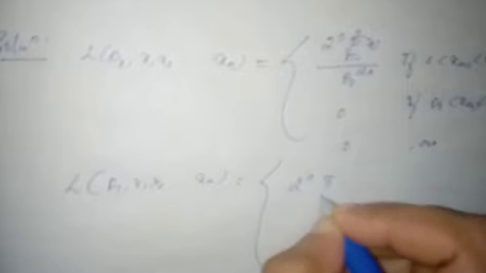The likelihood is equal to 2^n product of xi for i = 1 to n divided by theta 1 power 2n, if 0 < xn < theta naught. And what is it if theta naught < xn < theta 1? Same, right?